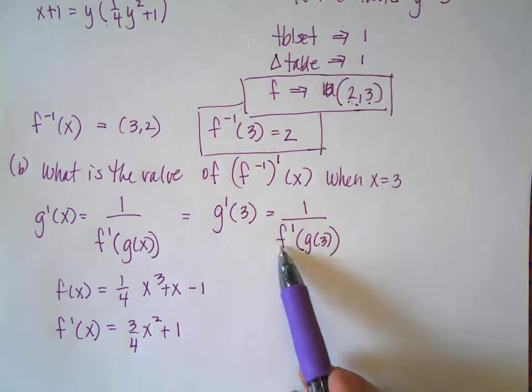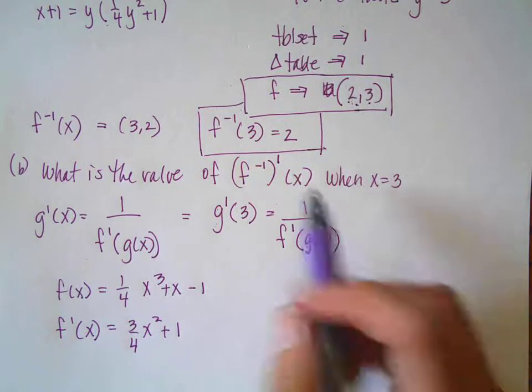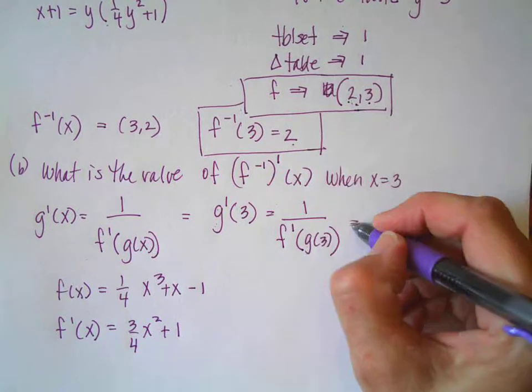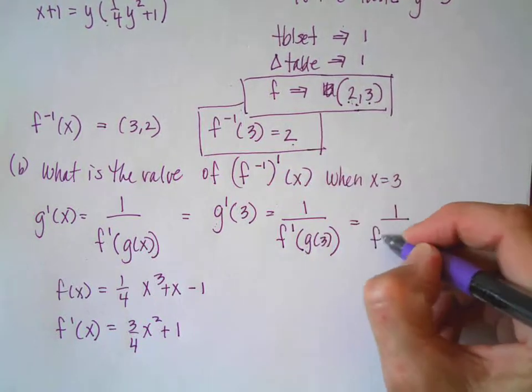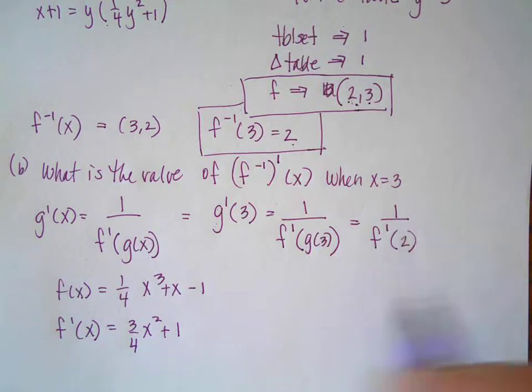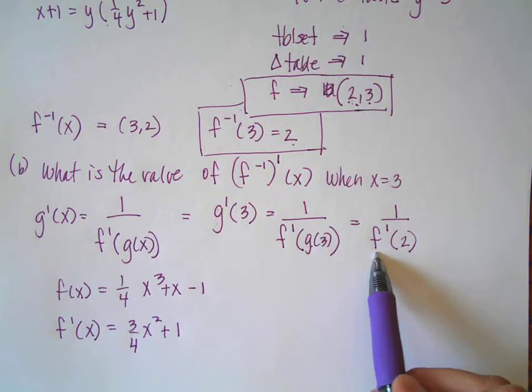So now I have the derivative of the inverse, and so down here I have the composition. Well, remember g is the inverse, and remember when we switched our points, we had the point (3, 2), so then this is 1 over the derivative of the original function evaluated at 2 because g of 3 was 2.